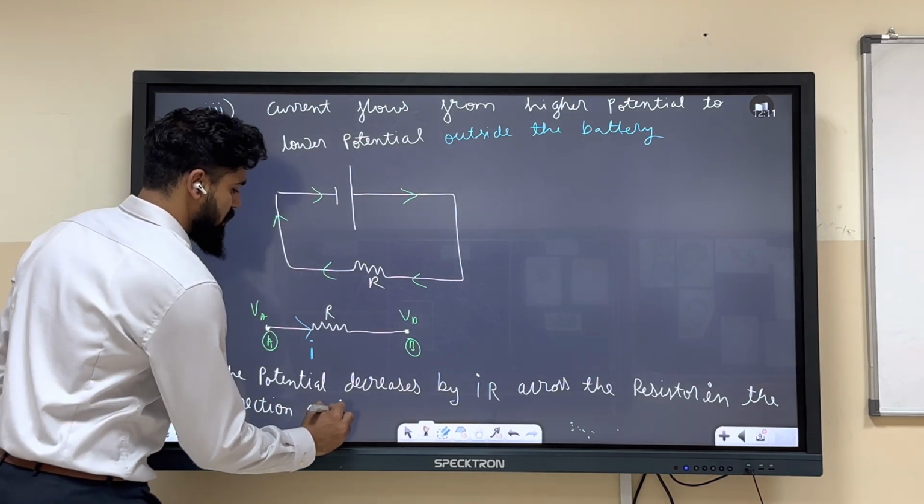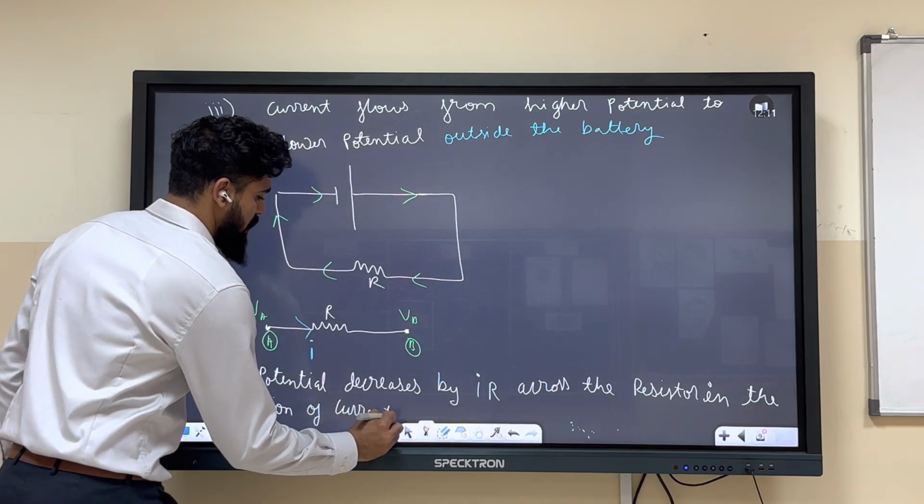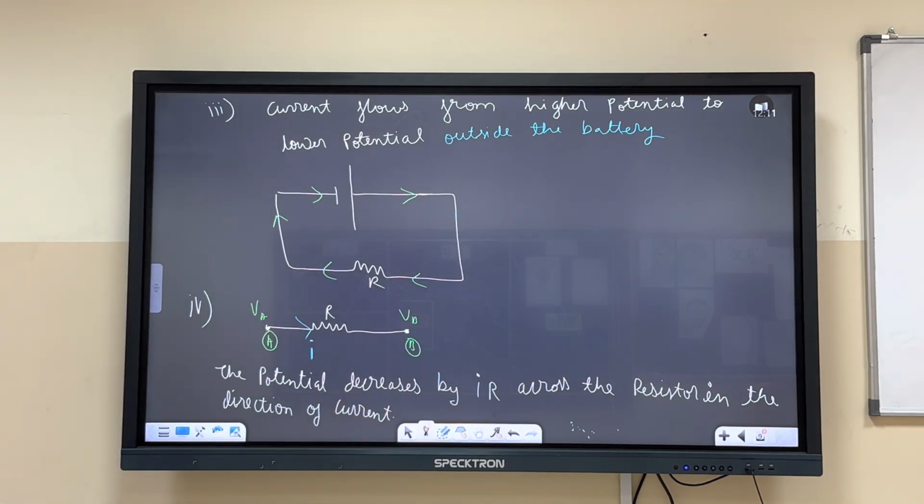Potential decreases by IR across the resistor in the direction of current.